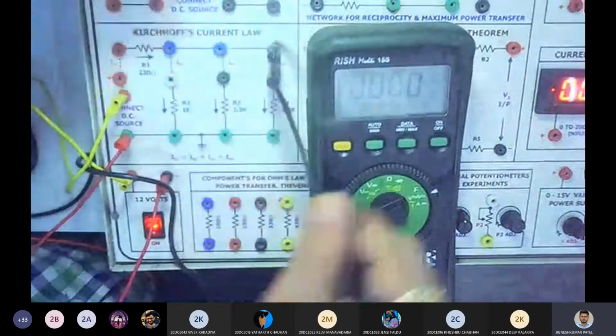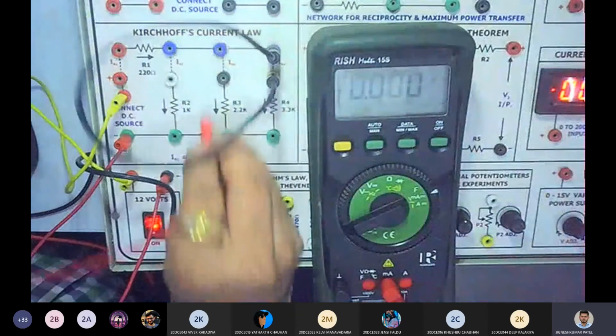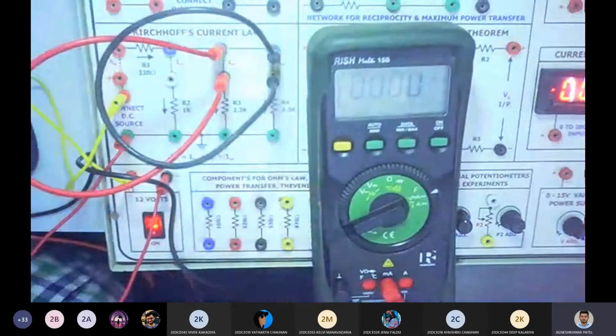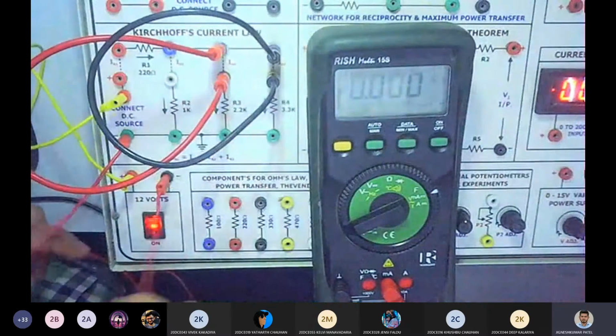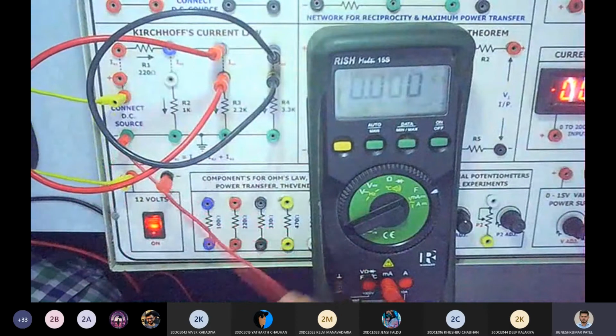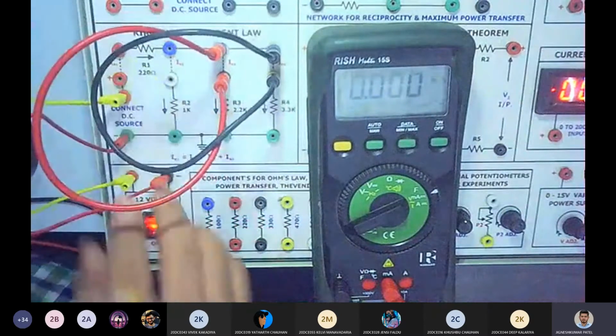So this wire we have connected, and this is also connected. Here we have supply, given to the DC source. So the supply is given.